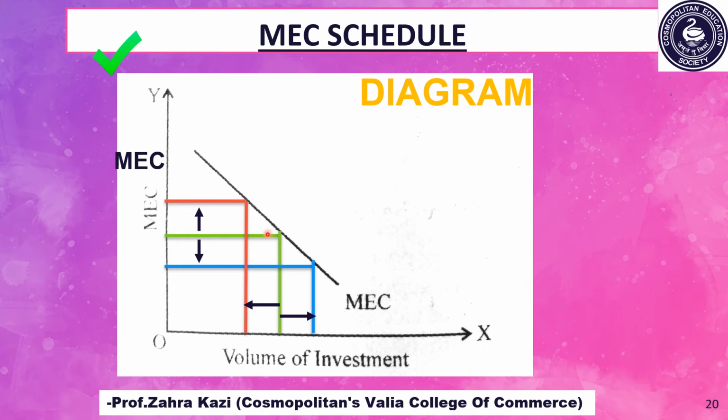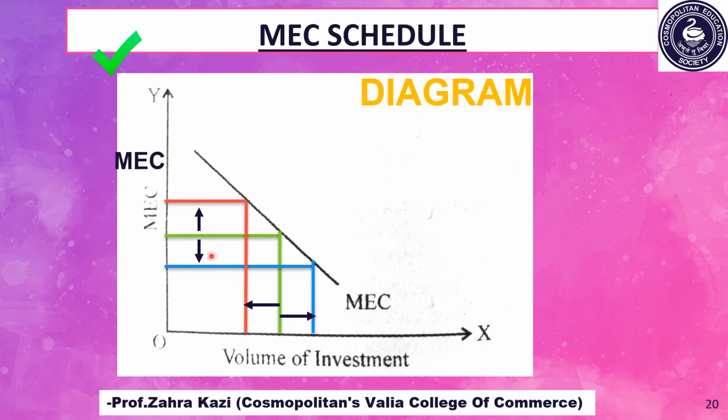Now if it shifts from the green line to the blue line, then as the level of investment increases, the MEC level falls. This clearly shows the inverse relationship between MEC and investment. I repeat, if the green line shifts to the blue line, we can clearly see that the level of investment has increased while the MEC level has fallen.